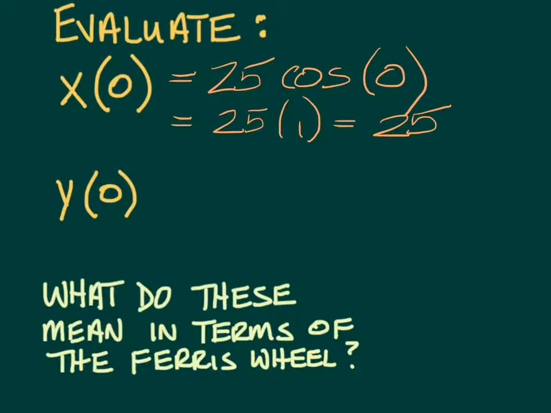Now 0 in terms of our Ferris wheel. Remember, we're still back at the basic starting position of 3 o'clock, which we let be 0 in terms of the degrees of movement that we've made. What does that mean if it's 0? What kind of movement have we made on the Ferris wheel?